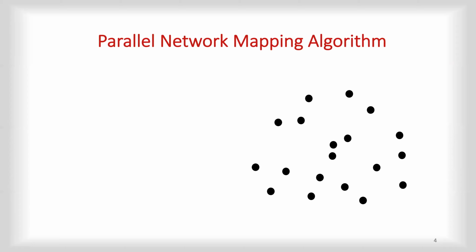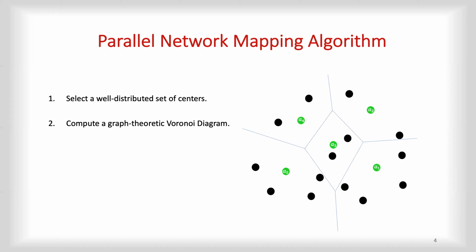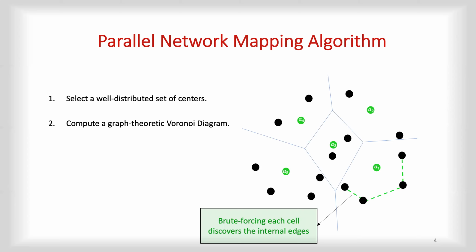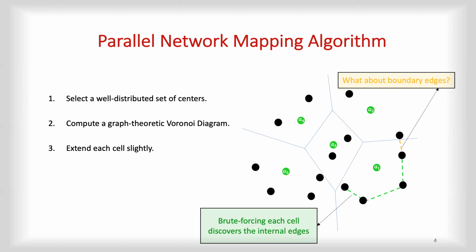Let me illustrate the sketch of our network mapping algorithm. We first choose a hand-picked set of well-distributed vertices as our set of centers, and then we use this set of centers to compute a graph-theoretic Voronoi diagram. Now, if we do brute force in each of these cells, we manage to discover all of the internal edges that are in the same cell, but we cannot find the boundary edges.